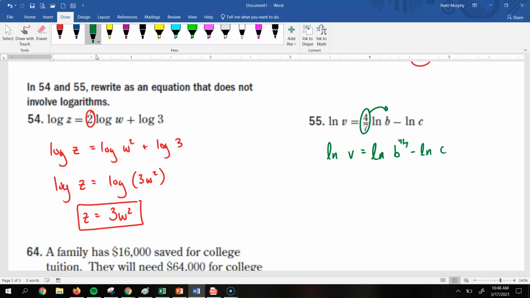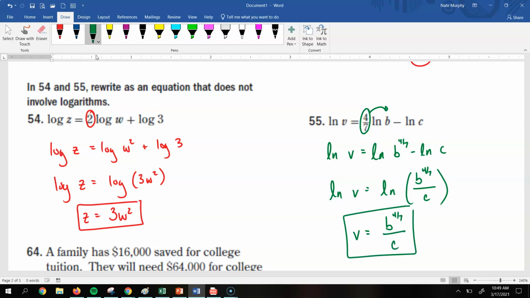There we go. Okay, so now since I'm subtracting, I'm going to divide those values. So we'd have the natural log of v equals natural log of b to the 4/7 divided by c. So I could take the inverse of the natural log of both sides to get rid of the natural logs. So I'd have v equals b to the 4/7 power divided by c. And that's all we can do with that one for number 55.